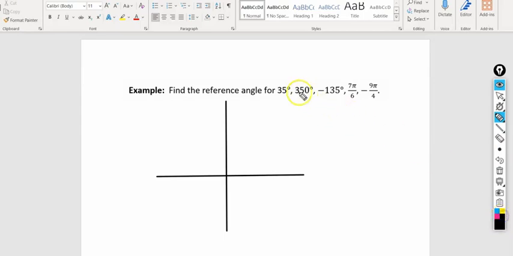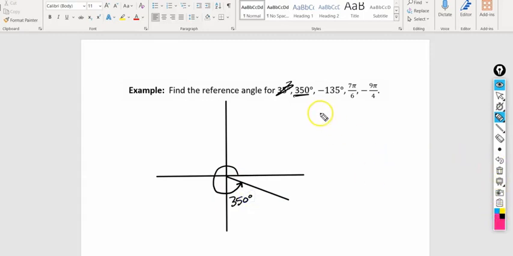Okay, let's go on to the next one. What about 350? Well, 350 is just 10 degrees short of 360. So it's positive, and I'm going to come just short of a full revolution. That's what the angle looks like.